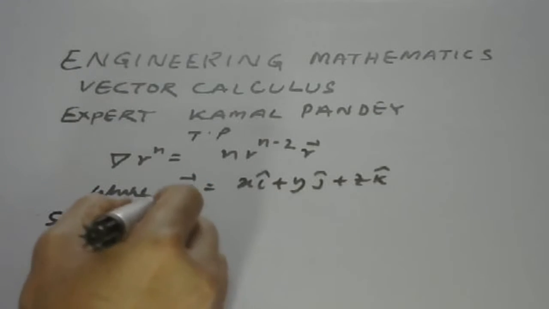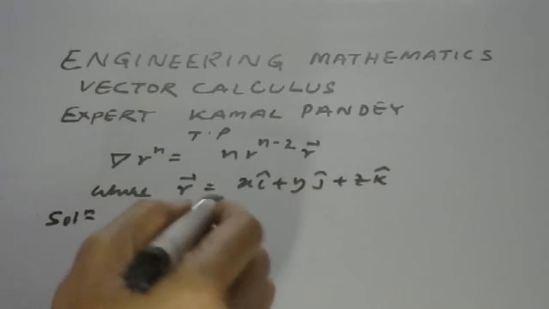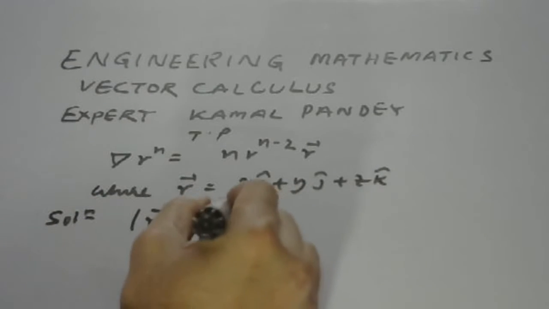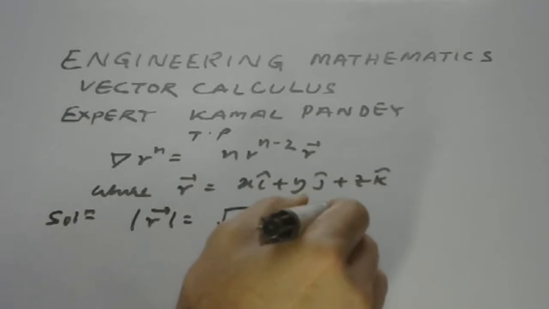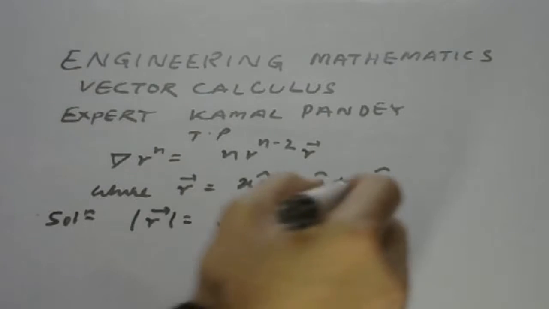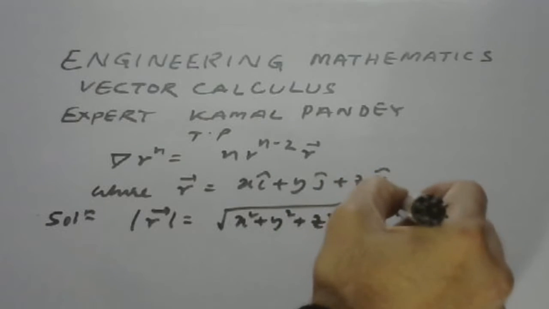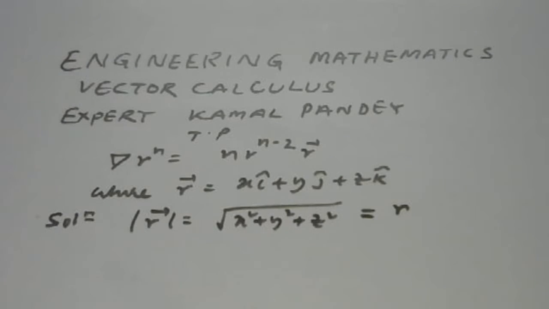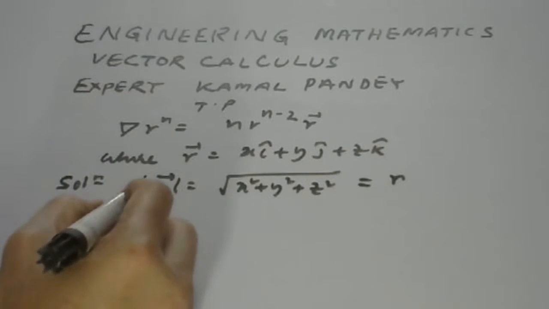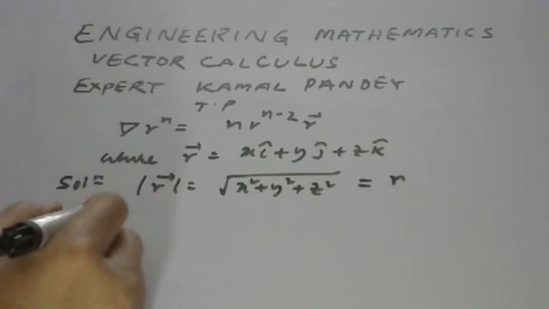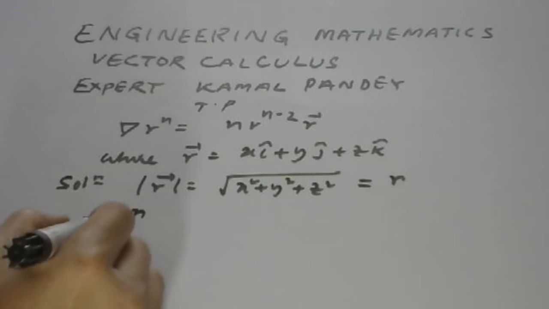First we have to calculate the magnitude of r, which is equal to the square root of x square plus y square plus z square, and we name it small r. Now we have to calculate the gradient of r to the power n.